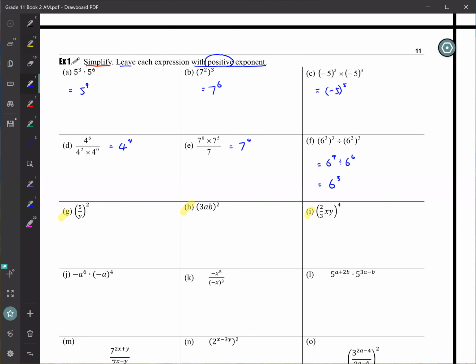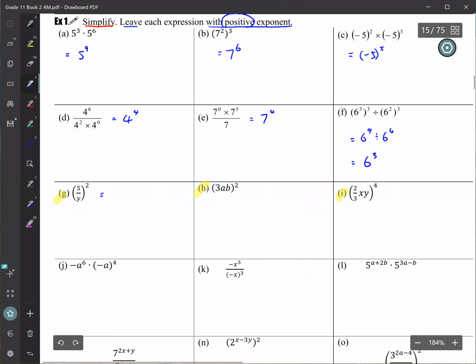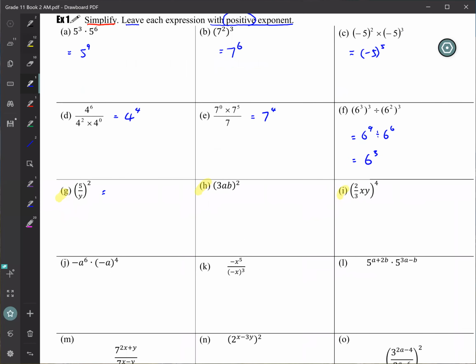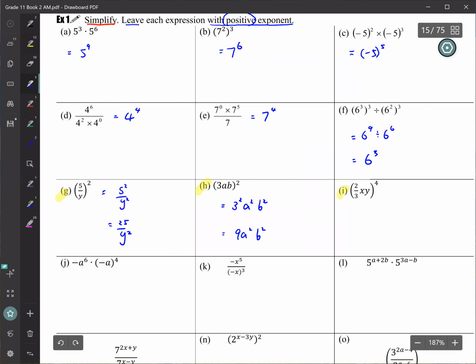Okay, question G, Brennan. 25 over y squared. Yeah, so 5 squared over y squared gives you 25 over y squared. And Nathan, H. Got 9a squared b squared. Yeah, very good. Okay, so 3 squared a squared b squared simplified to 9a squared b squared.